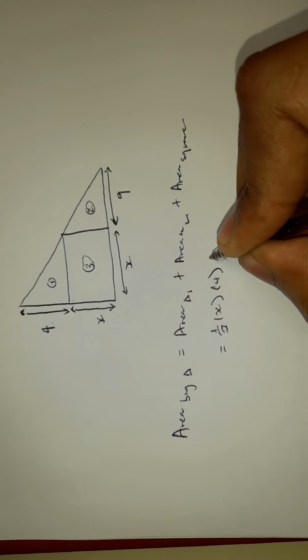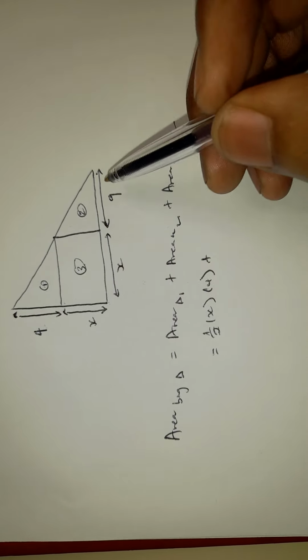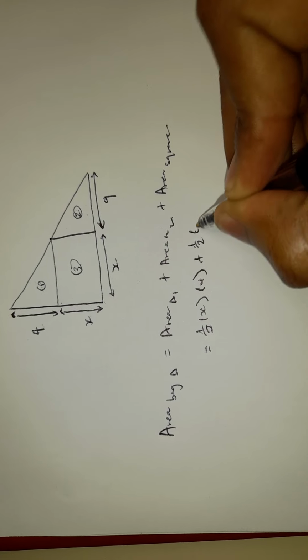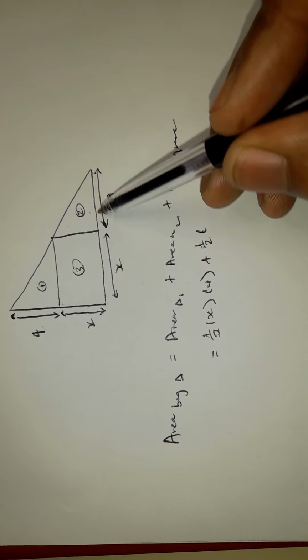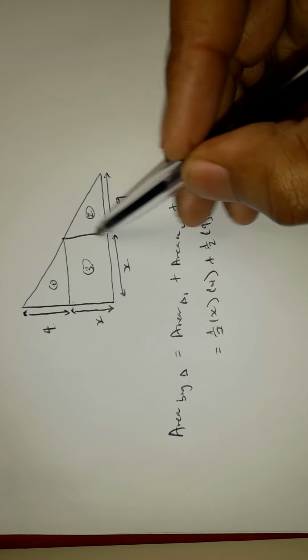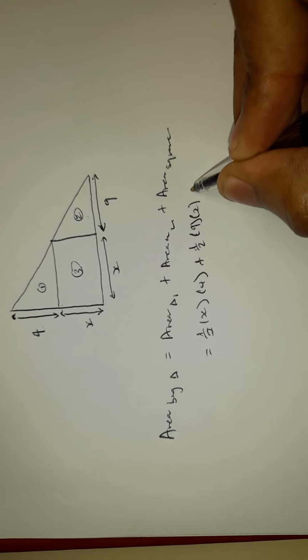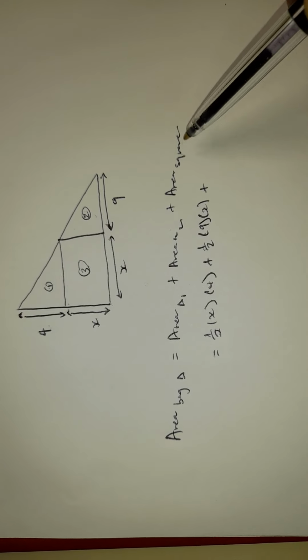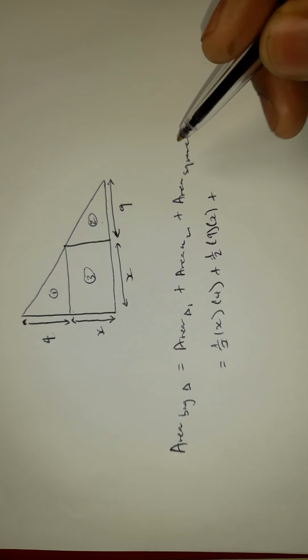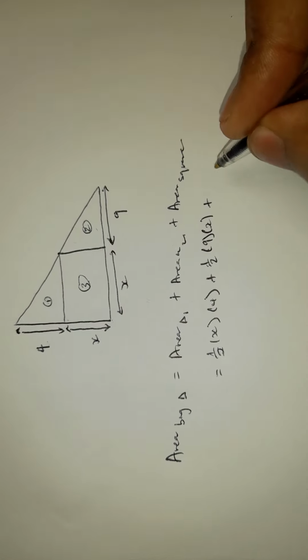And then we have the area of triangle number 2, which is going to be half base. What's the base of this one? The base is 9, right? What is the height? The height is going to be x plus the area of the square. Area of a square is the length squared, right? So it's x multiplied by x.